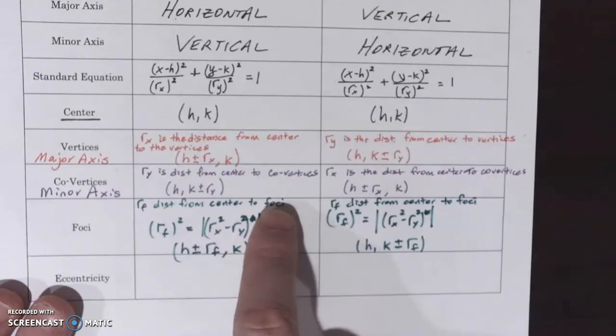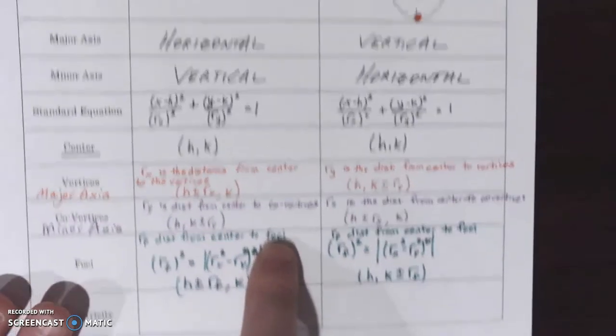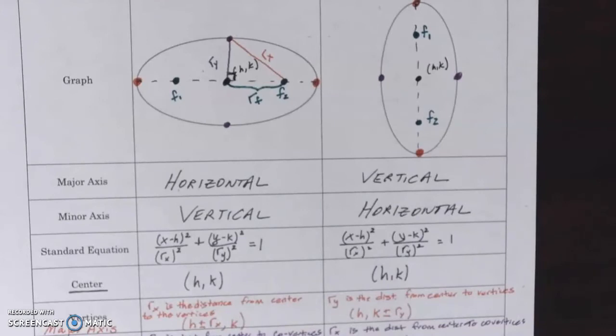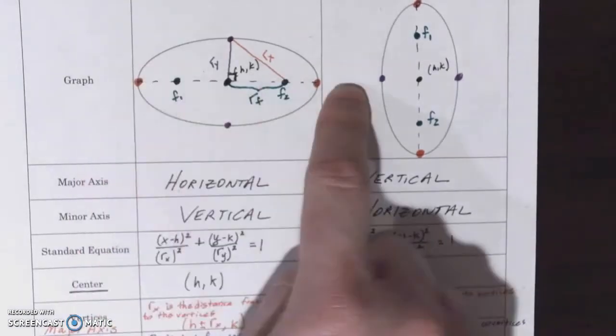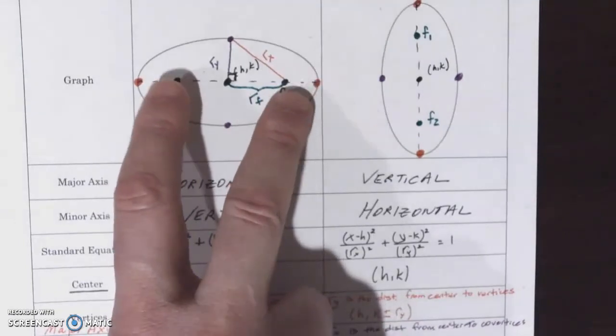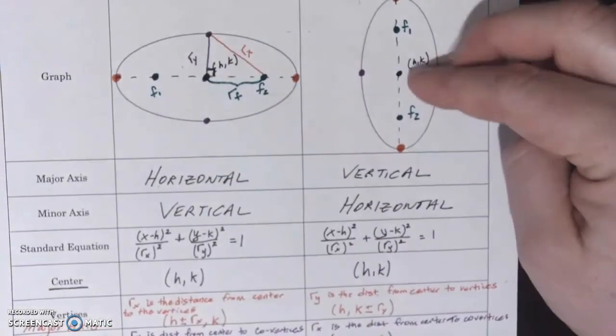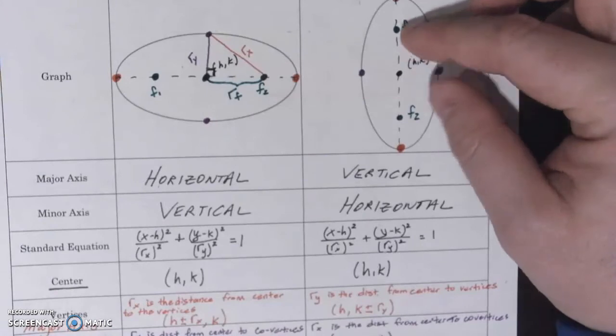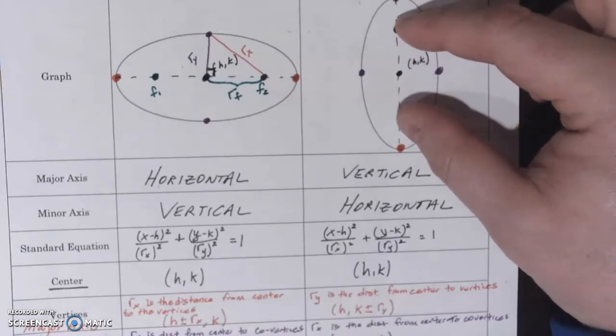And the foci of every ellipse will always be along the major axis. So if it's a horizontal major axis, you'll find the foci to the left and the right of the center. If it's a vertical major axis, you'll find the foci above and below the center.